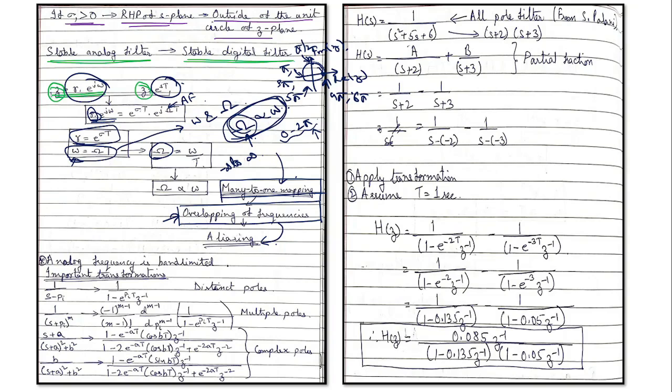Now to eliminate that, we have already talked that the analog frequency needs to be band limited when we try to design the digital filter. Okay, band limited to what?